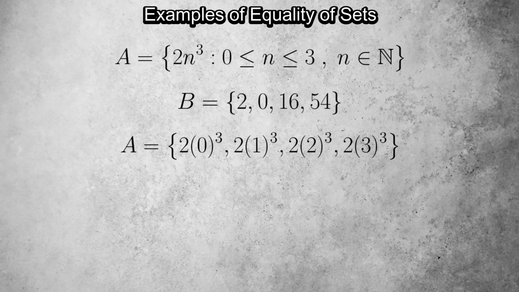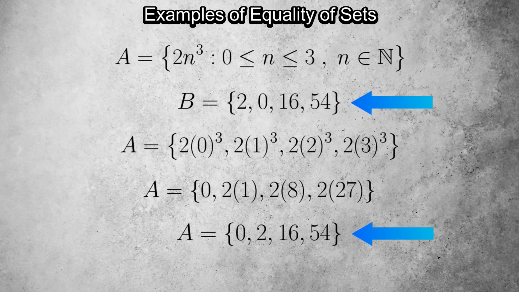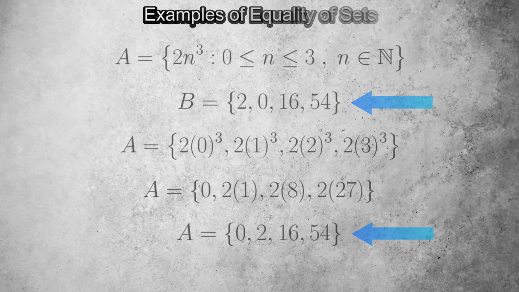If we do so by substituting each of the values of n, which are 0, 1, 2, and 3, into the expression 2n cubed, we get the elements 0, 2, 16, and 54. Since A and B contain the same elements, we conclude that A is equal to B.